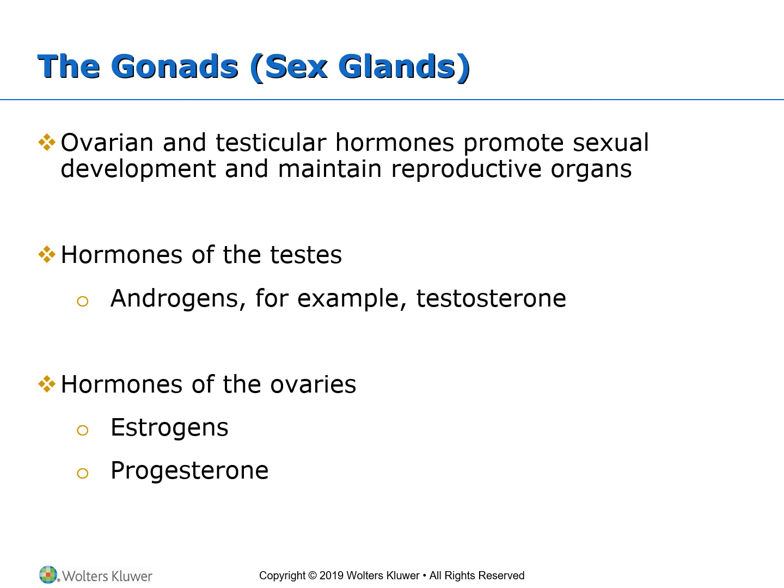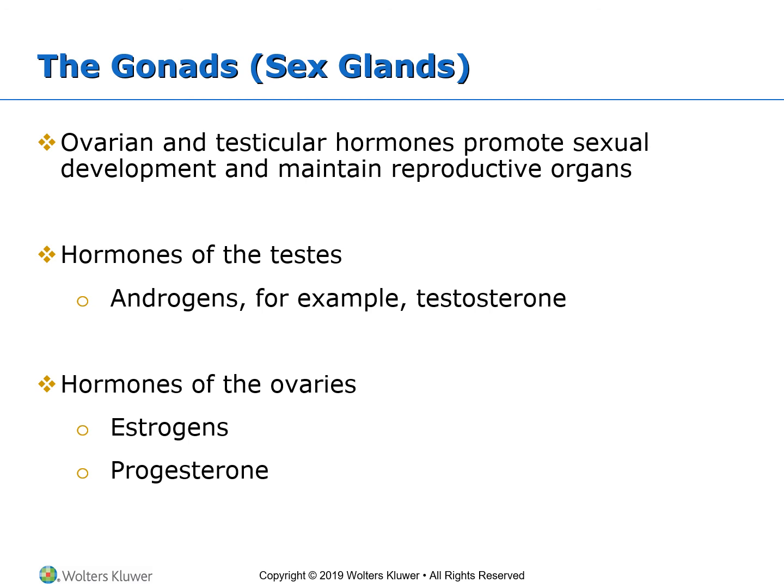Now, in terms of secondary sex characteristics, those will include, depending on the sex, the development of different types of bones and muscles, because males and females do not have the same bone and muscle structure.